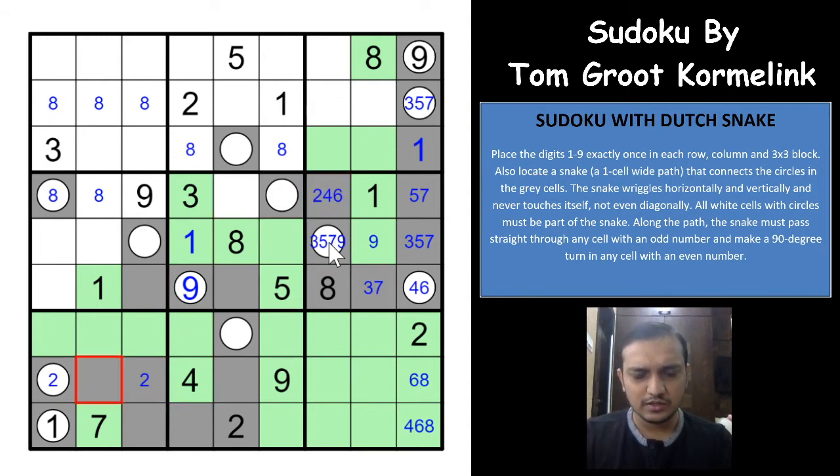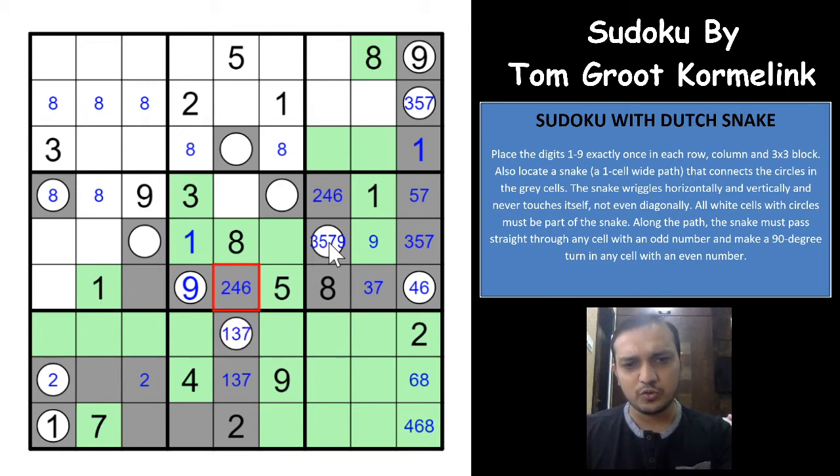Again, let us see all the cells here. This is a straight cell, so it would have to be 1 3 7. Again this is a straight cell, it would have to be 1 3 and 7. This is a turn cell, so it would have to be 2 4 and 6. Again this is a turn cell, it would have to be 2 4 and 6.